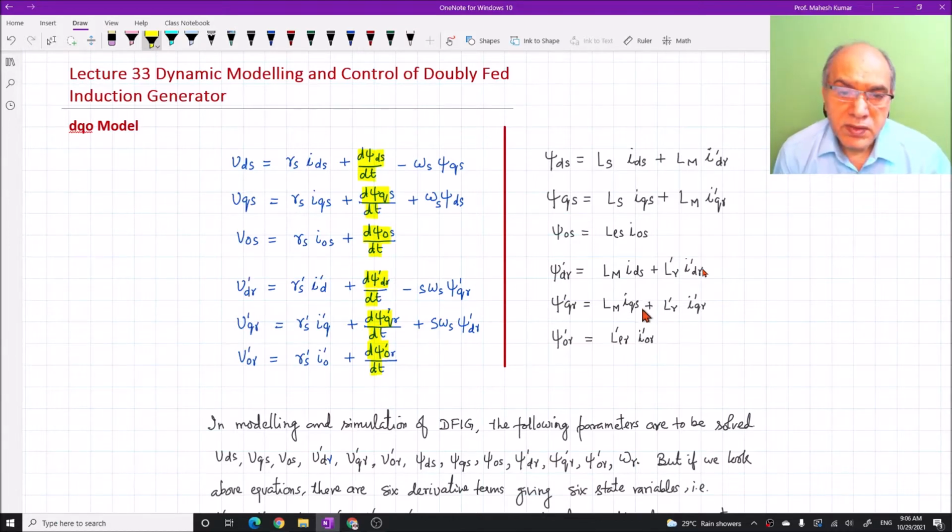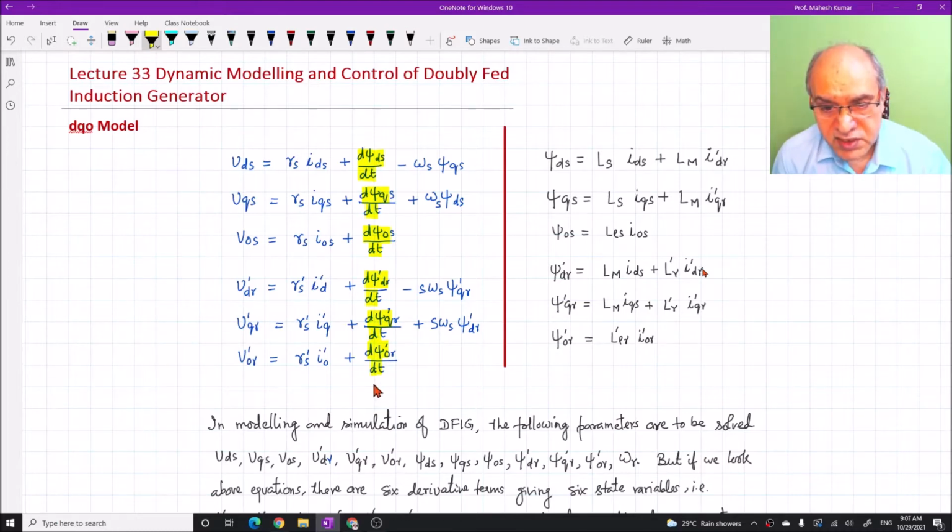Or otherwise, we can find out the currents first, then compute the voltages. But here we have the first derivative in the flux terms, so that has to be resolved in a proper format.